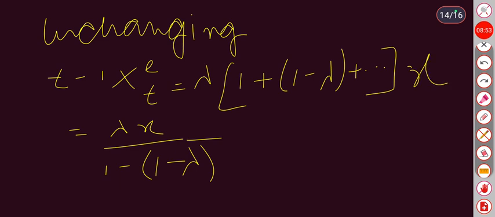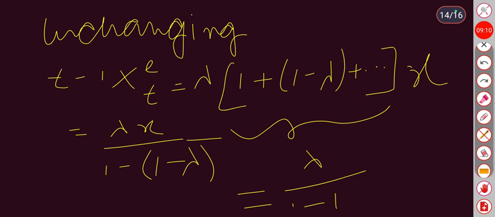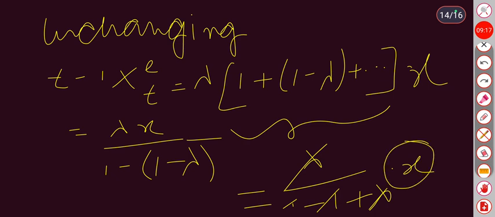Using the formula, the sum of this part is lambda by 1 minus 1 minus lambda into x, and ultimately the value is x.